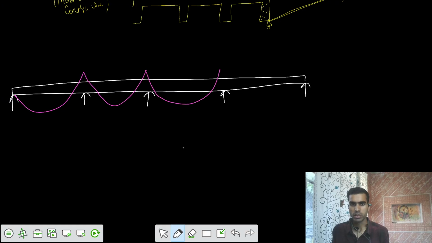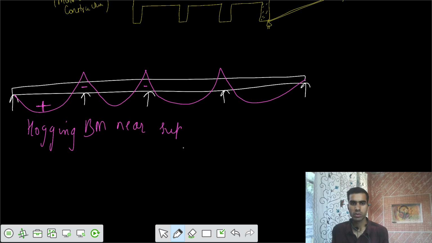This is our BMD for this continuous beam. This would be some sagging positive bending moment near the mid span and hogging bending moment near the supports.